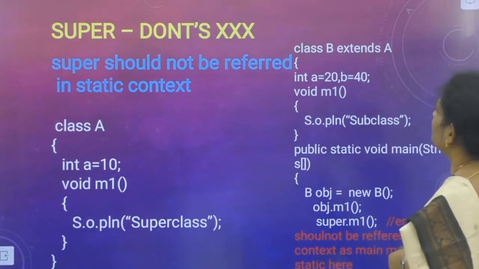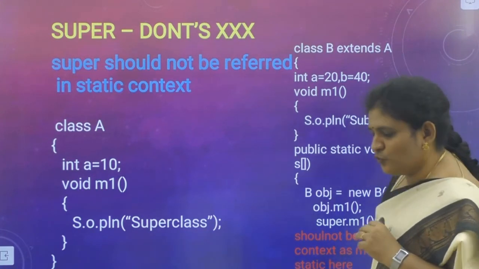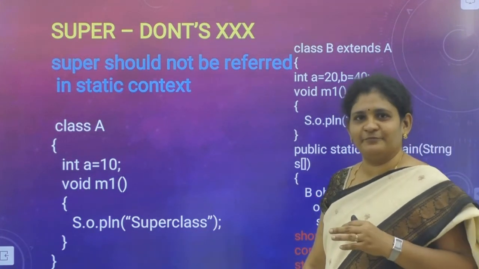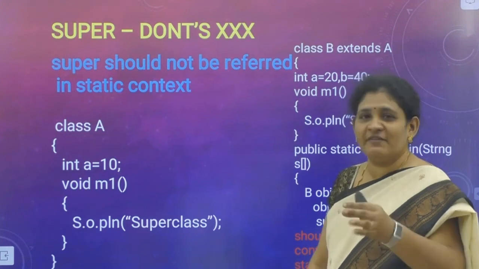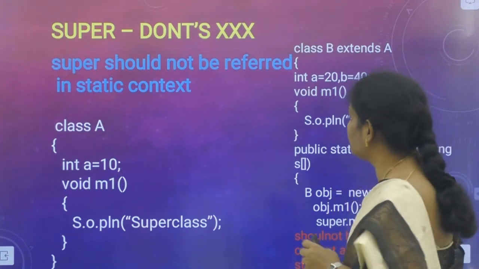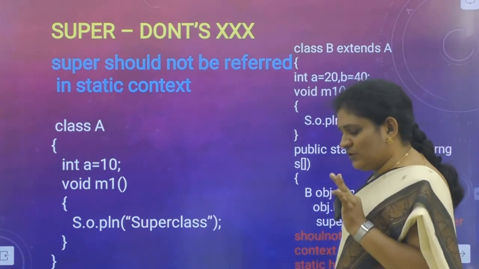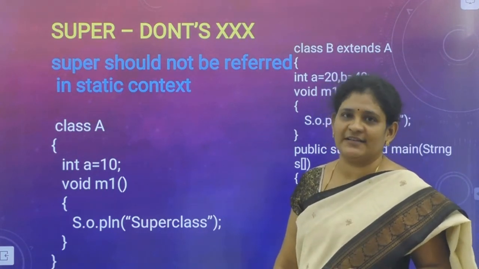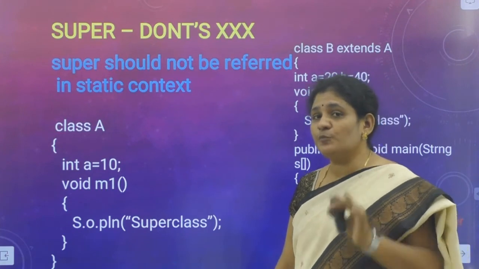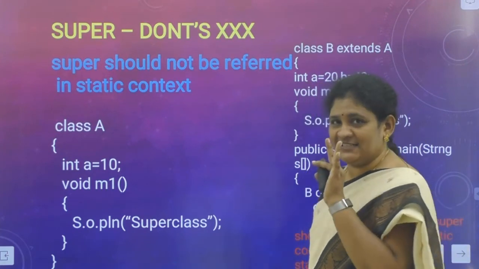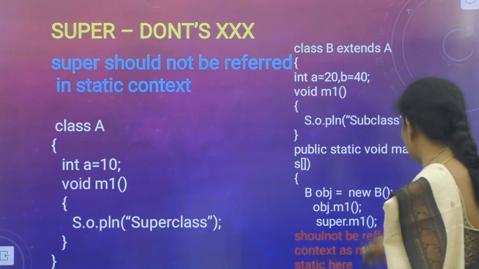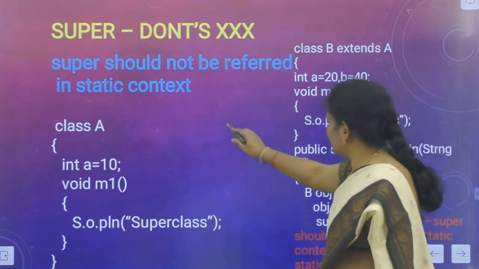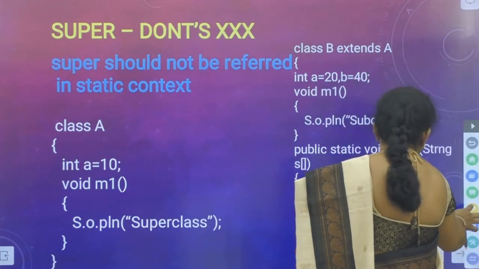Now, super don'ts. We should not use super as we like, wherever we like. I should not use super in the static context. For example, if you see this example, again same concept, single inheritance.